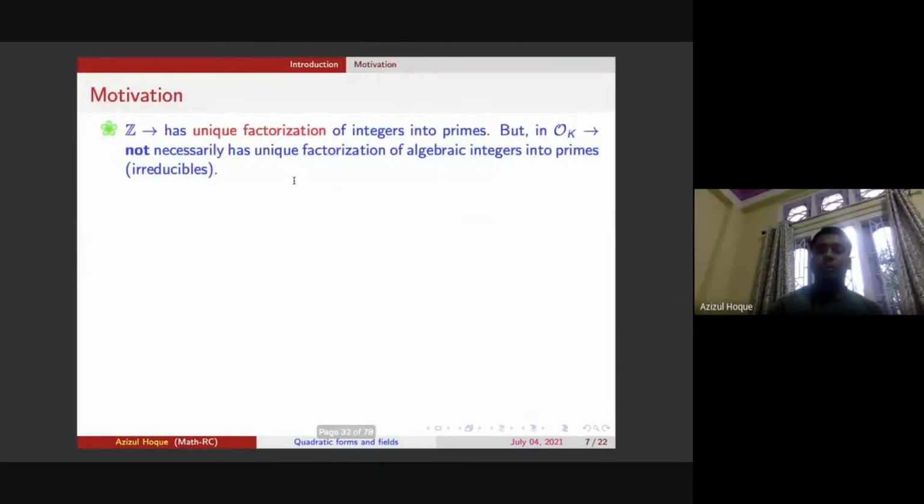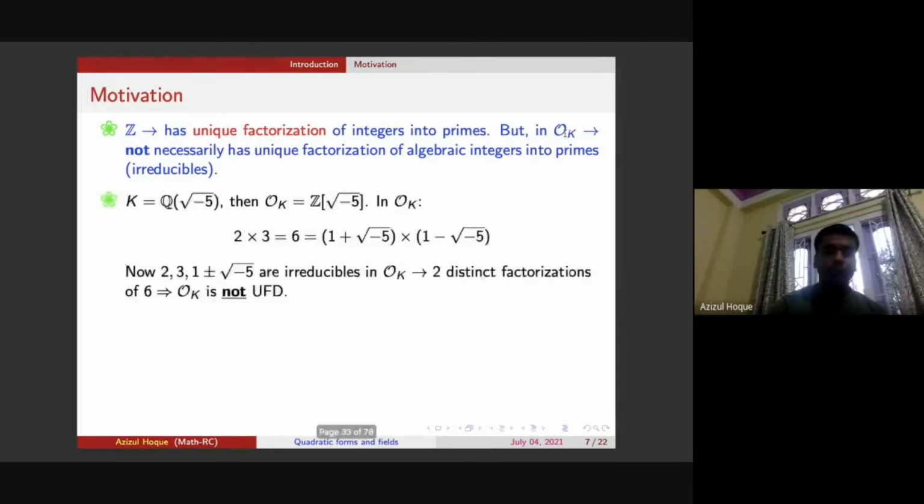So to study this failure that happens in this one but not this one, the theory of class groups has come up. Okay, so basically, look at this example. I'm considering the same field, K equal to this one.